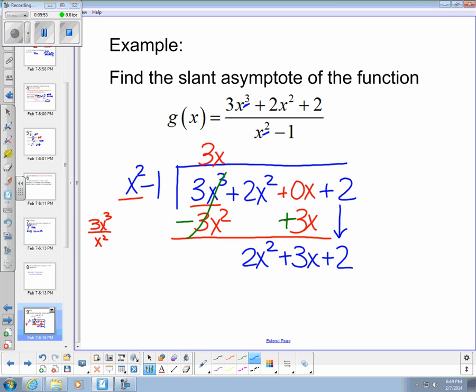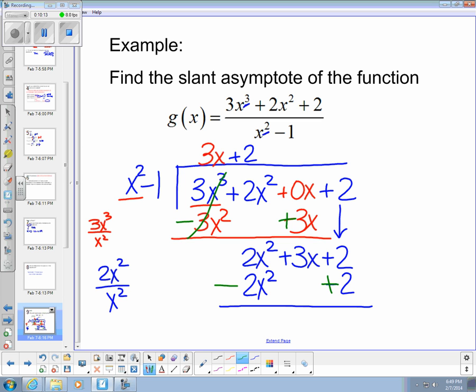So 2x squared divided by the x squared would be a 2. I multiply the 2 times x squared minus 1, so 2x squared minus 2, and again, keep things lined up. I'm subtracting, so I'm changing the signs. The 2x squareds cancel out, and I'm left with 3x plus 4.